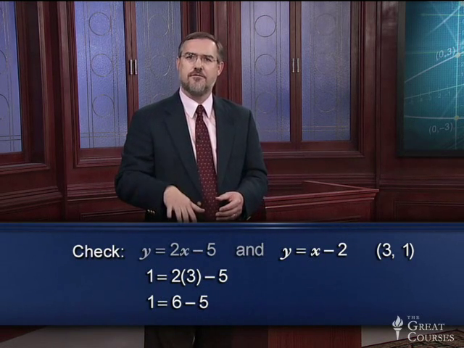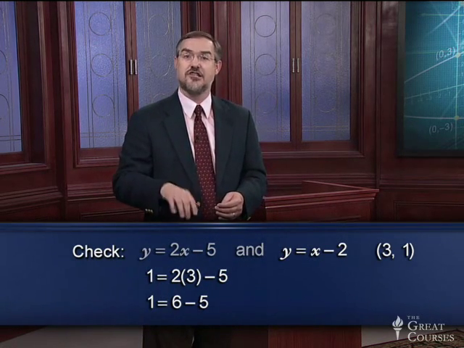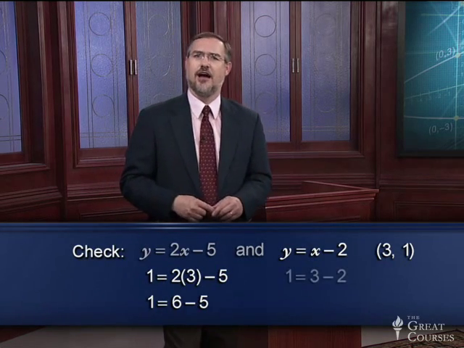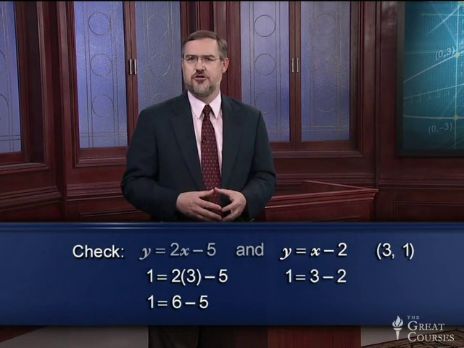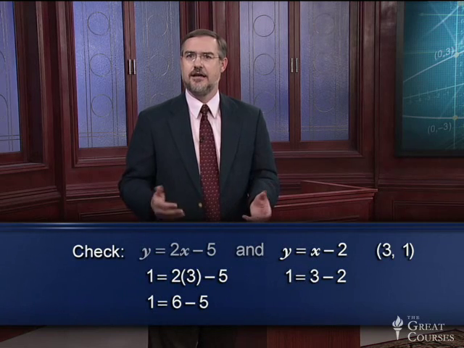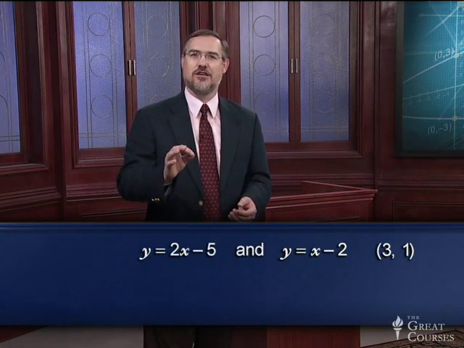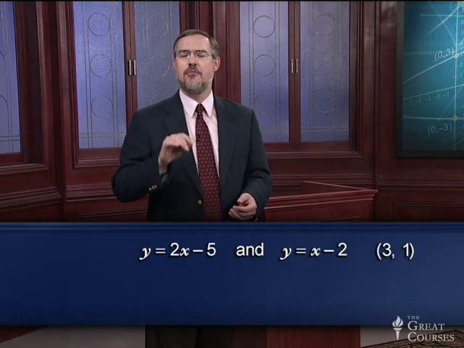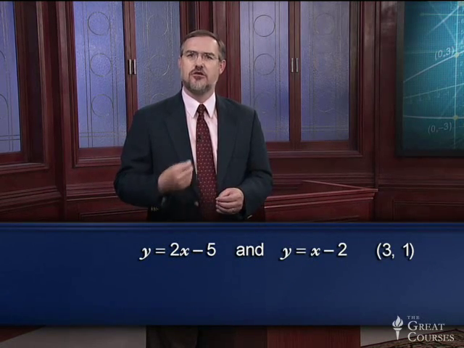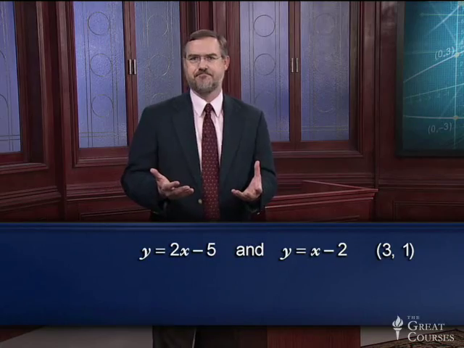If we plug in 1 for y and 3 for x into that equation, we will have 1 equals 3 minus 2, or 1 equals 1. And again, that's a true statement, that 1 equals 1. And now we can say that (3, 1) really is a solution of our system.